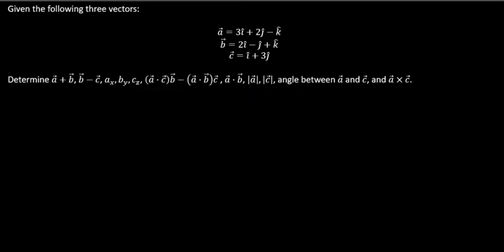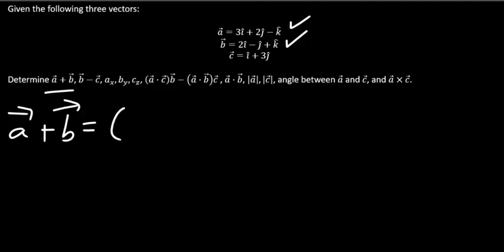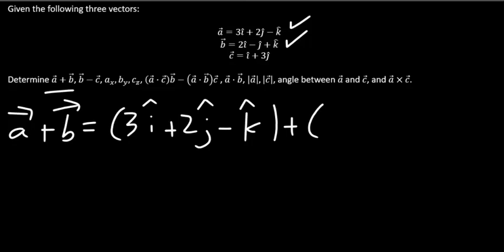So let's do the first one. Vector A plus vector B. Vector A is given by that and B is given by that. So A plus B means 3i hat plus 2j hat minus k hat plus vector B, which is 2i hat minus j hat plus k hat.